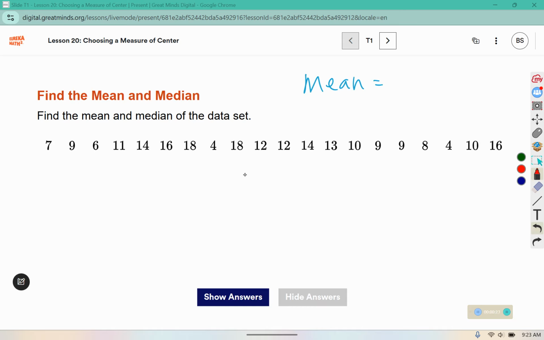So let's find our lowest value, which is a 4. And there are 2 of them.